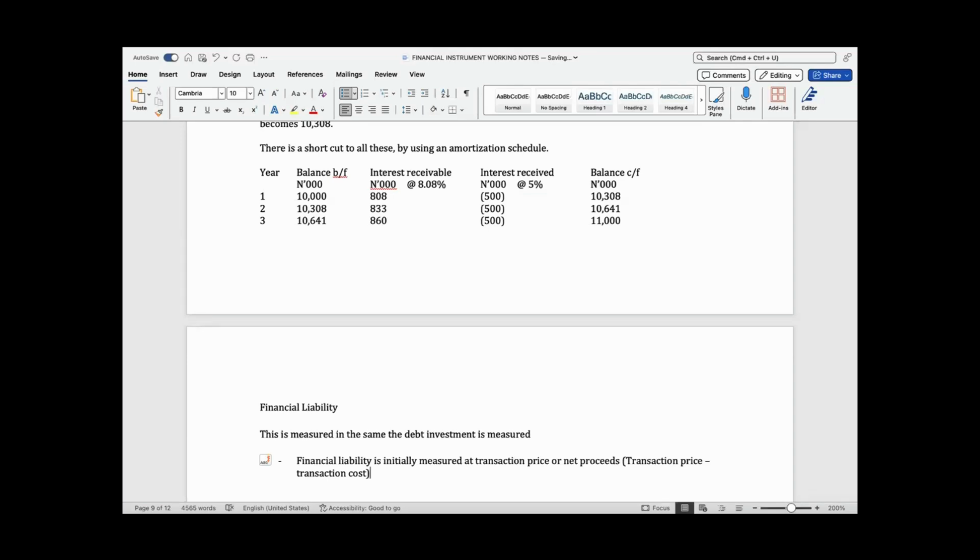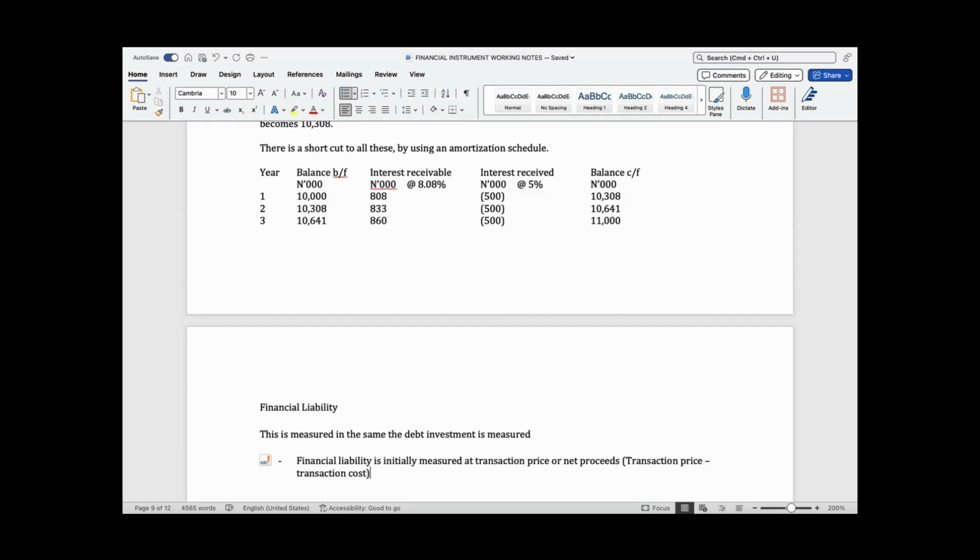But for financial liability, look at it. It is not a cost to you in the same way, but it's going to impact how much you are going to collect. Because in this case, you are the one collecting money. You hired a broker to help you broker collection of borrowings.